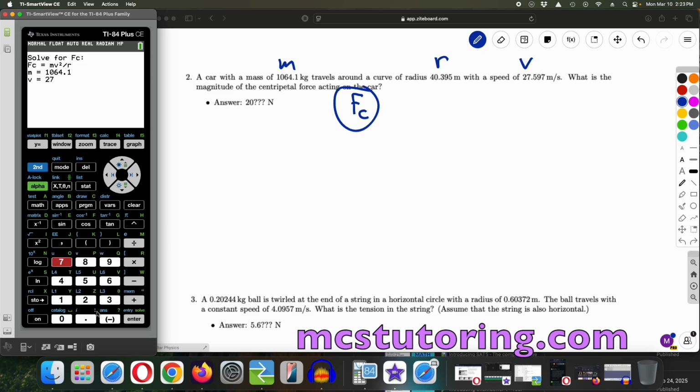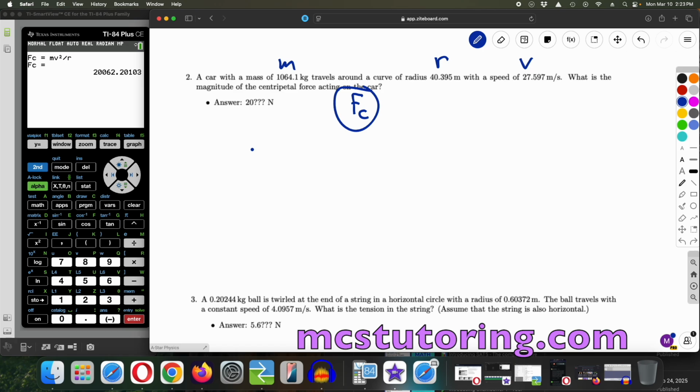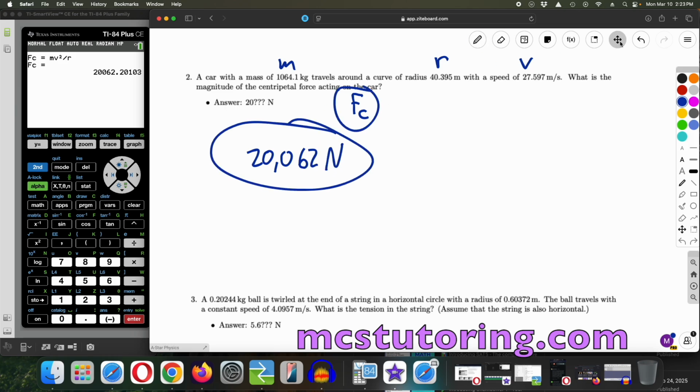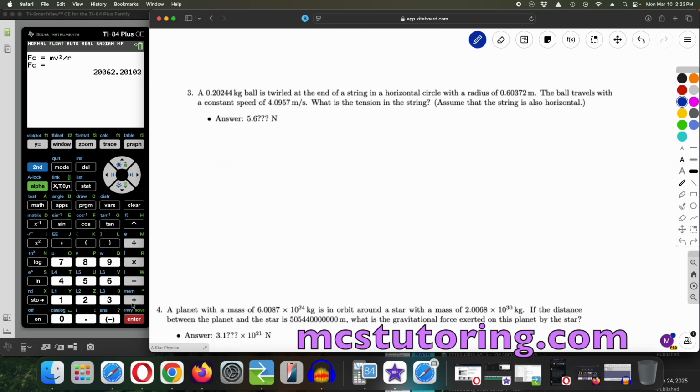So the velocity here is 27.597. There we go. And then the radius, 40.395. Okay, and then we get 20,062 newtons. I can't even spell a letter, and English is my first language. Shame on me. Okay, now on to the third question.